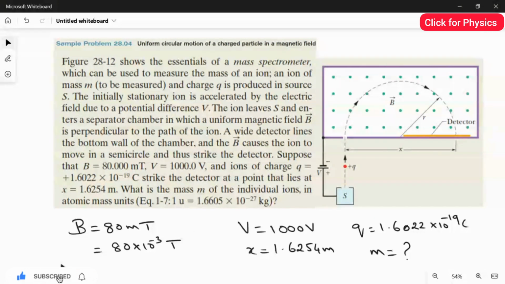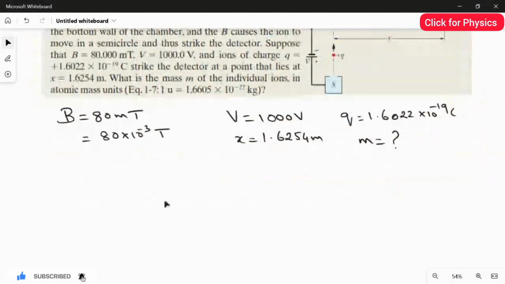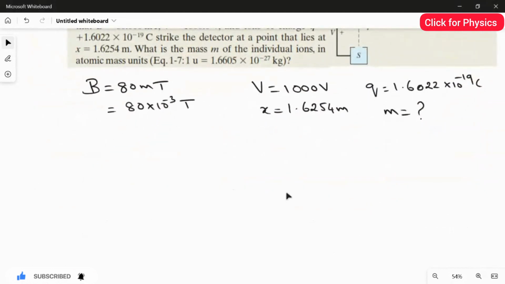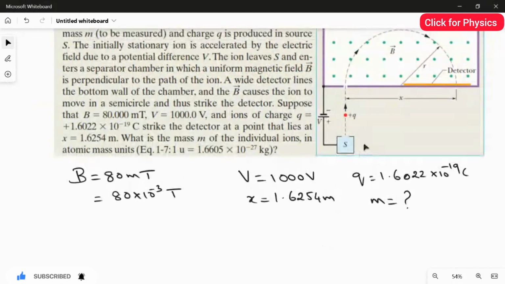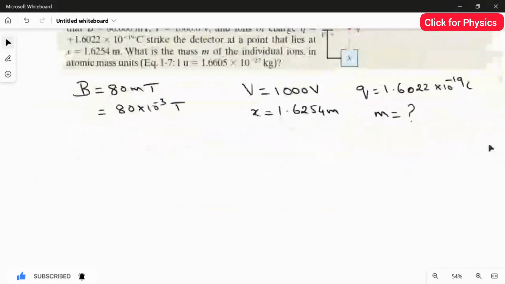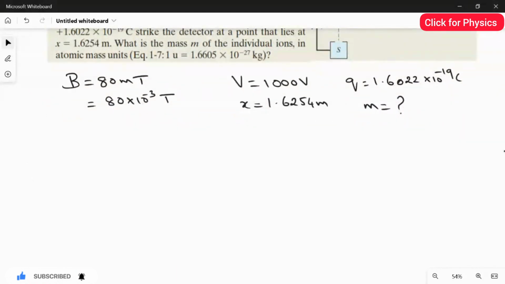Okay, so for this we have to just go back to our theory class. What we studied, so if you want to take the ion from the source, you are just giving the external potential. Am I right? So when you just give the external potential, what you are exactly doing is your charge potential energy is converted to kinetic energy. So that means 1 electron volt, that means the voltage applied to the charge.